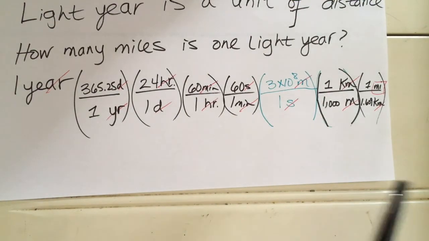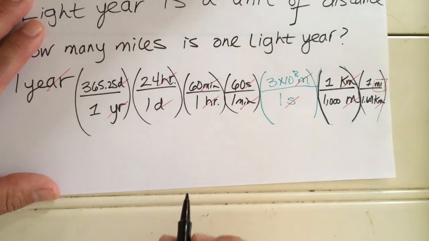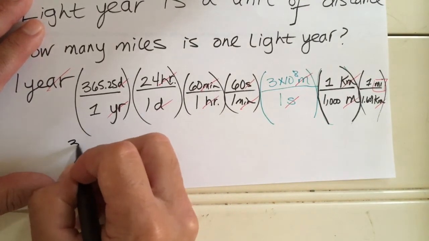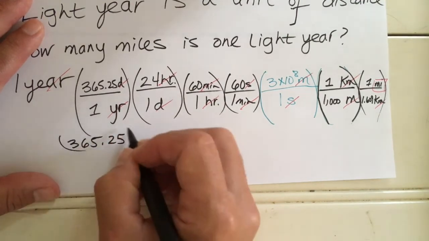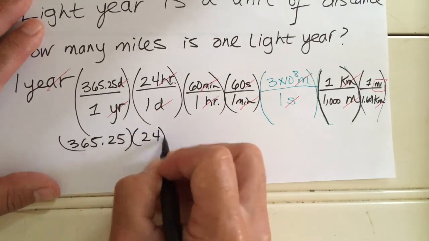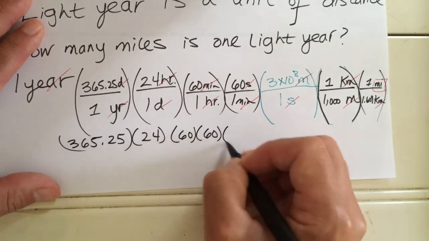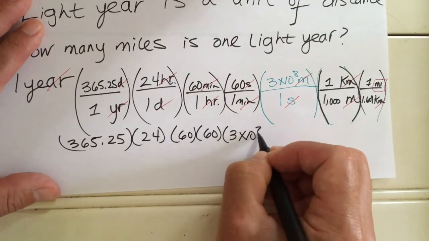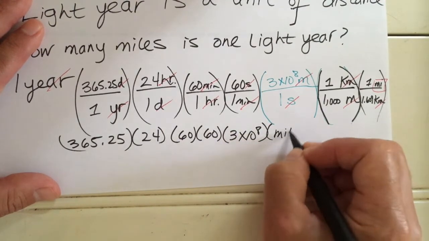All right, so now we can multiply the top across, multiply the bottom across, and divide. Whoops, sorry, I bumped the table. All right, so let's go ahead and rewrite: 365.25 times 24 times 60 times 60 times 3 times 10 to the 8th times miles.